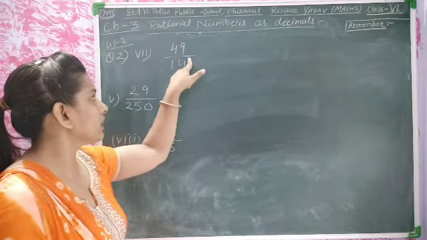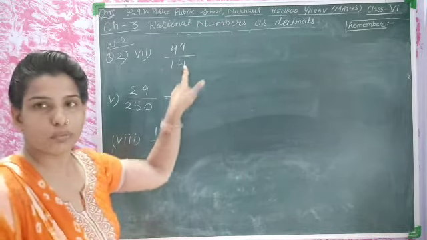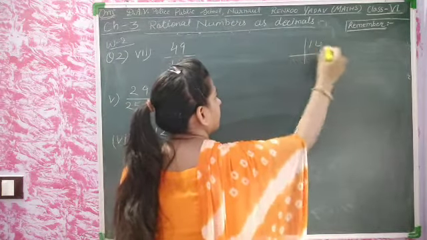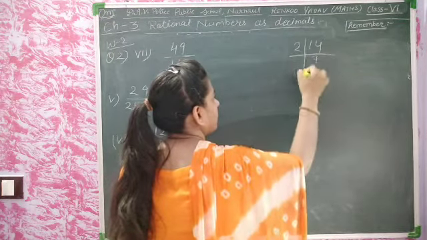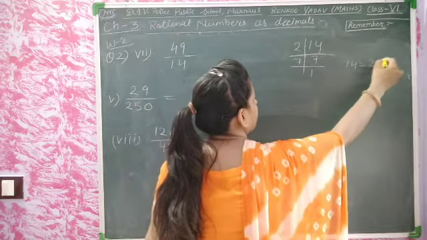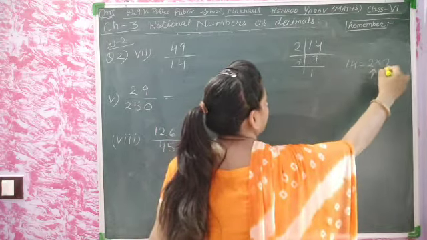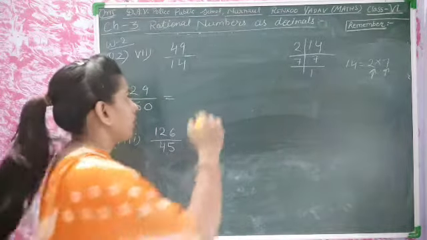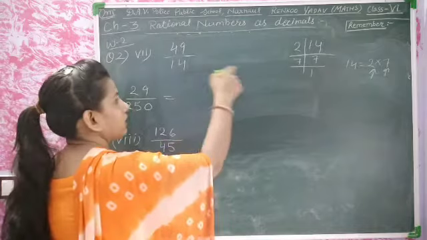Firstly, we will find the prime factorization of the denominator. The denominator here is 14. Prime factorization of 14: 2 7s are 14 and 7 1s are 7. So 14 is equal to 2 into 7. Prime factors of 14 are 2 and 7.